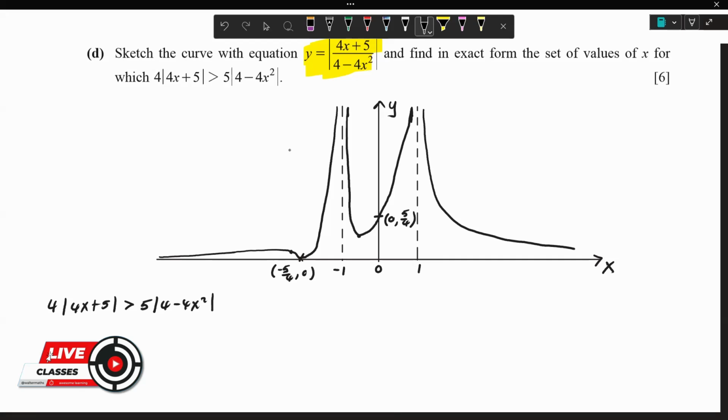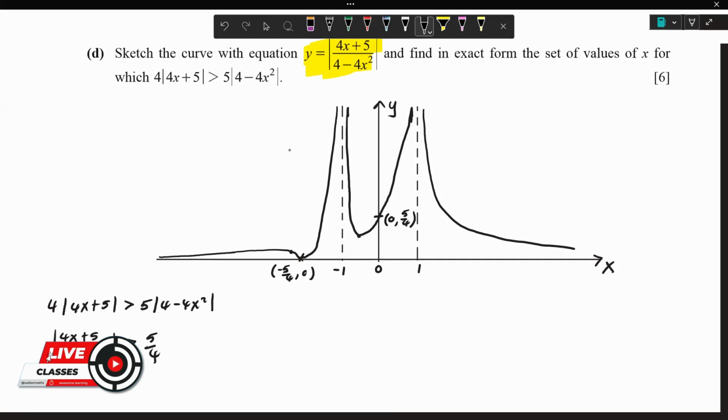It can be written as mod of (4x plus 5) over (4 minus 4x squared) is greater than 5 over 4, right? You can just move the mod. You understand how I rearranged this?